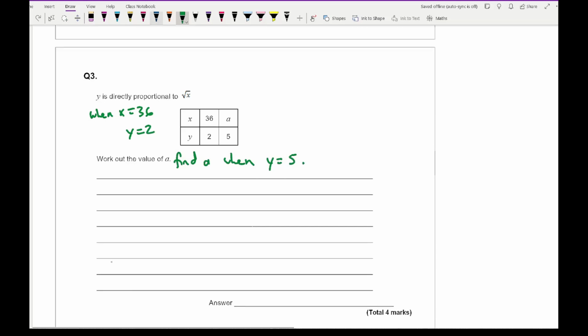So let's first go through the notions of direct proportion. The first thing we want to do is write this opening statement using maths notation. So y is proportional to the root of x. I swap the proportion symbol with equals k.